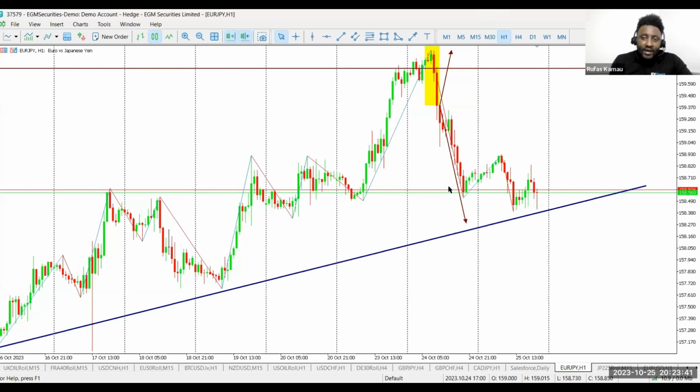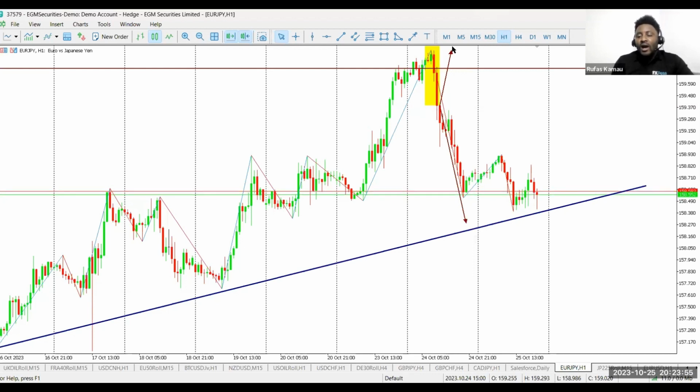In this case, let's say you decided to risk an amount of money to short from here and target to make profit at this point, whereas your stop loss was here. Depending on your account size, you might have to use a different lot size. If you have, let's say, $100 in your account, the lot size you would use is not the same as the person using $500, $1,000, $10,000, $20,000, $100,000, and so on.